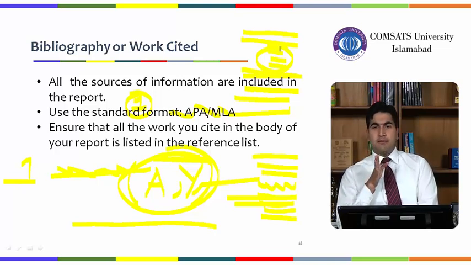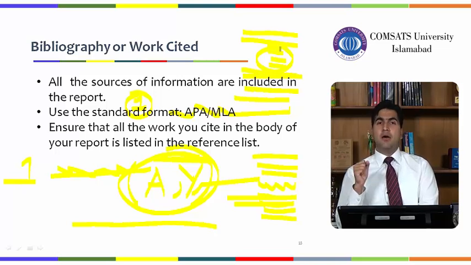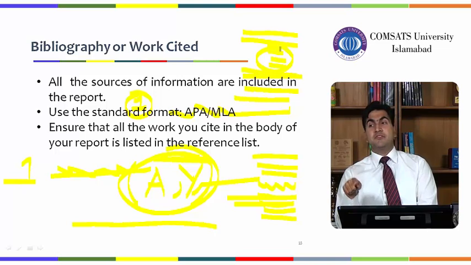Why? Because if I am unable to directly access the work of Mr. A, and if I rely on the book written by Mr. B where Mr. A has been cited, that means Mr. B becomes my secondary source.